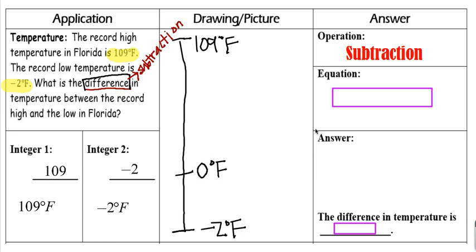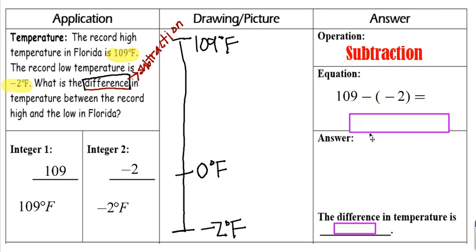And for our equation, we start with the first integer, 109, and we are going to subtract -2. So that is our subtraction equation. We are going to make sure we do the keep, change method. We keep the first integer the same, which is 109. We change subtraction to addition. And we change the second integer to the opposite.